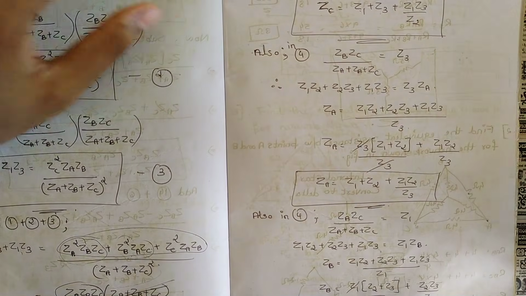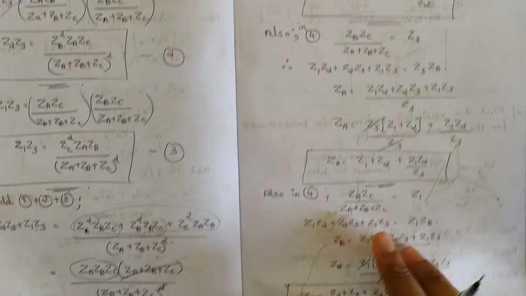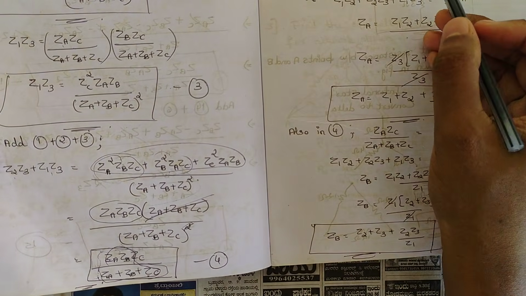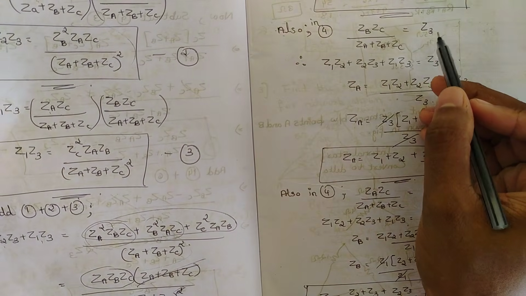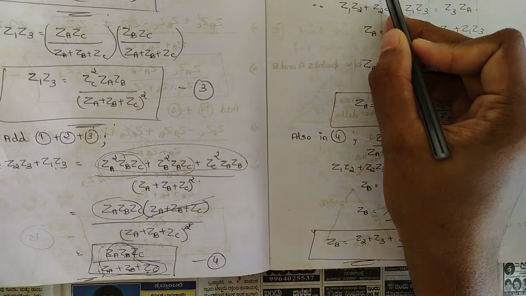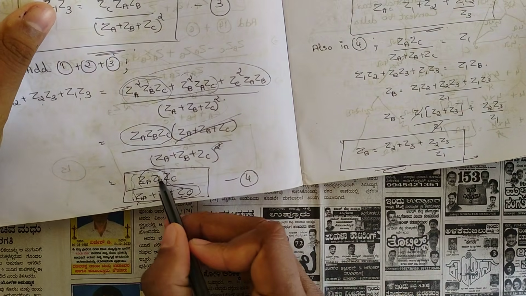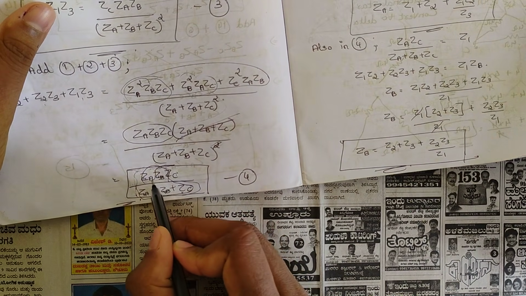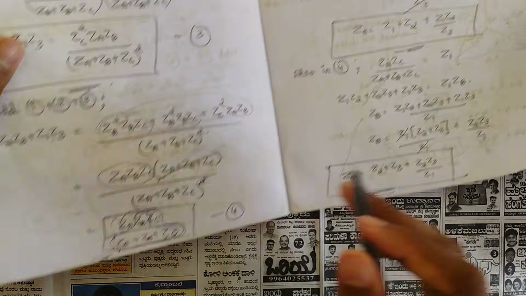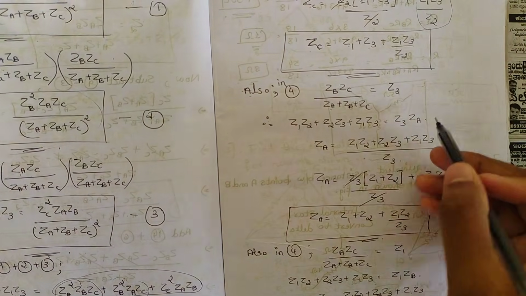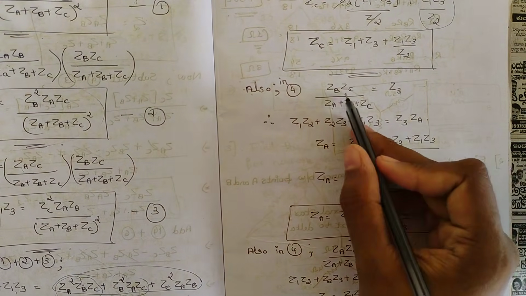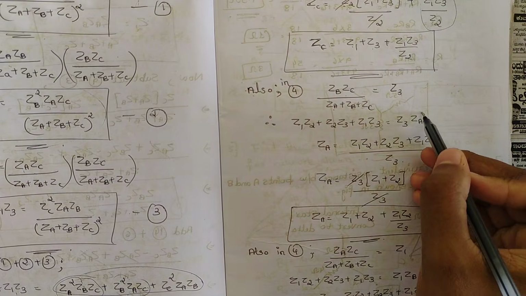Similarly, solve for ZA and ZB. Also in equation 4, we know what Z3 is equal to. Z3 is equal to ZB ZC divided by ZA plus ZB plus ZC. That is, we have here ZB ZC and ZA ZB ZC, so this is equal to Z3. Again in that equation, substitute this term as Z3 and solve for ZA.